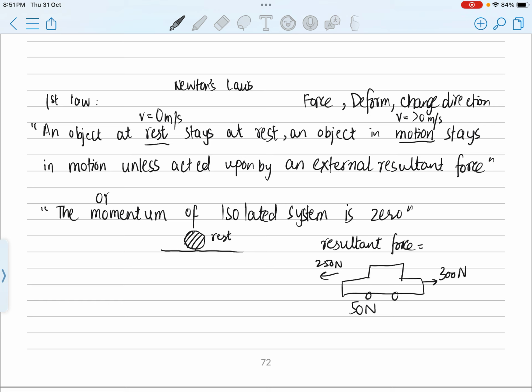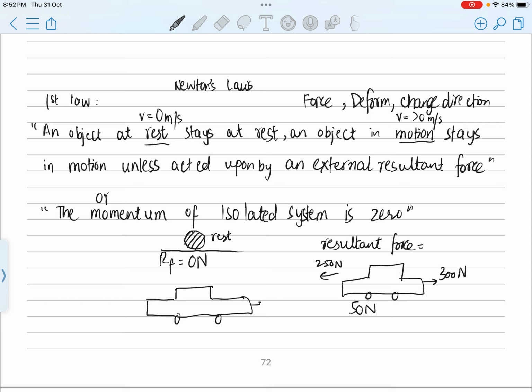An object which is in its natural state has a resultant force of 0 Newton. If a body is moving with a constant velocity, its natural state is that it is moving with a uniform velocity.